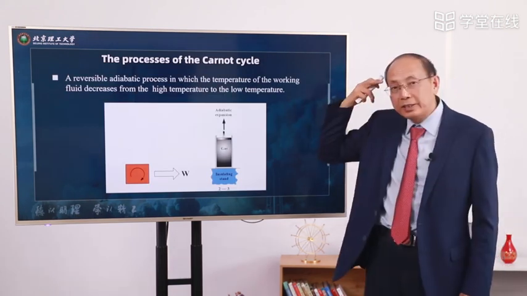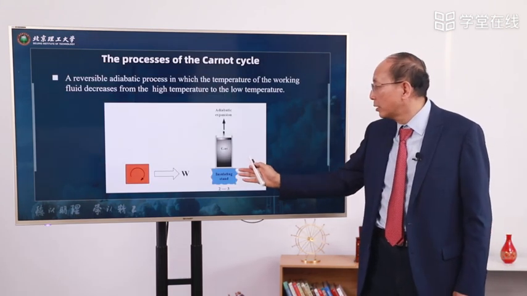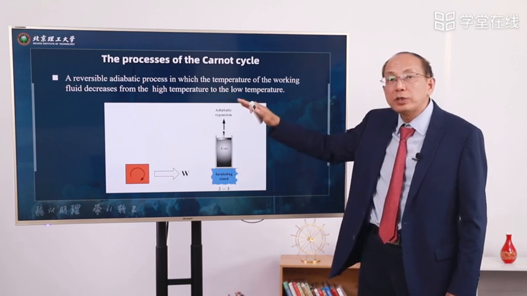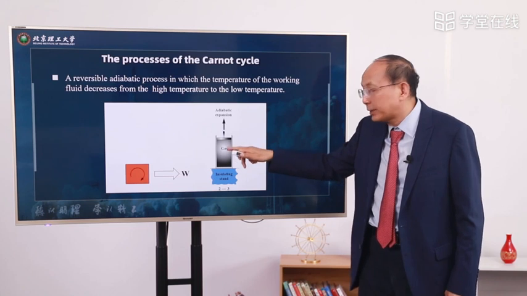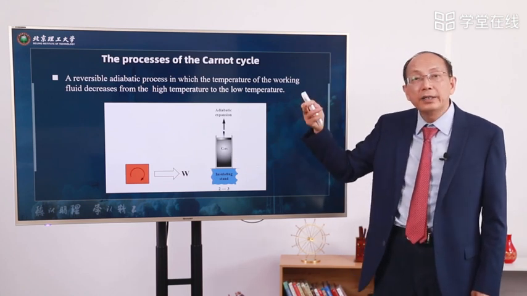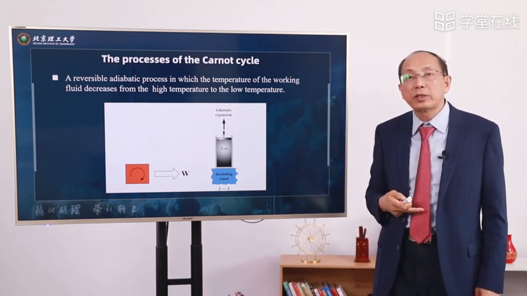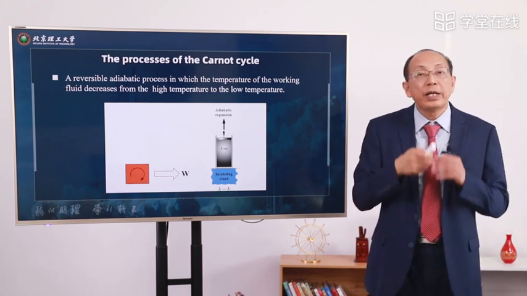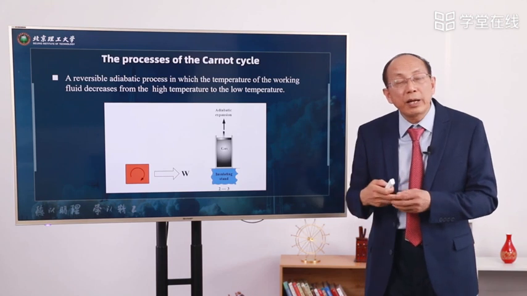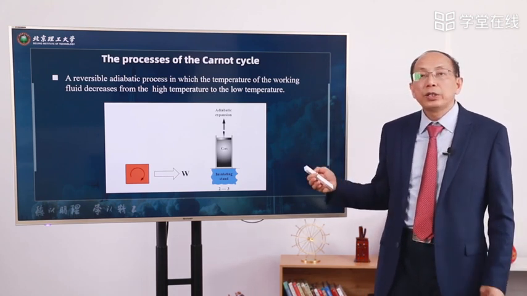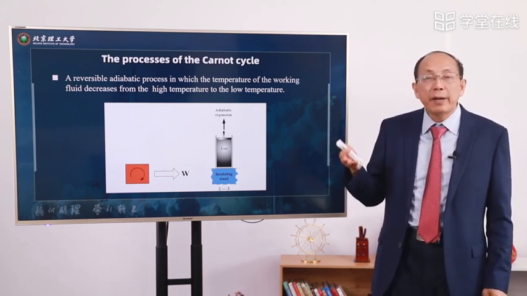He thought in his mind the gas expands to some extent, but the gas temperature is still high, the same as the high temperature reservoir. In this case, you cannot let the piston connect with the low temperature reservoir, so he hoped the temperature would decrease.